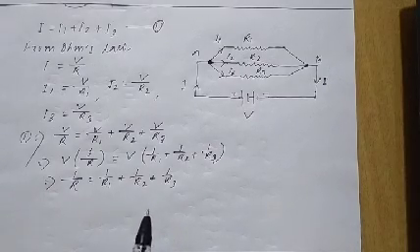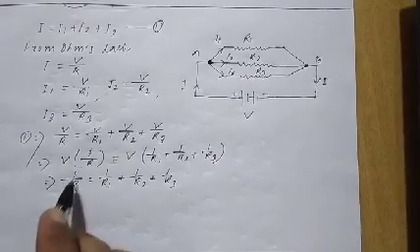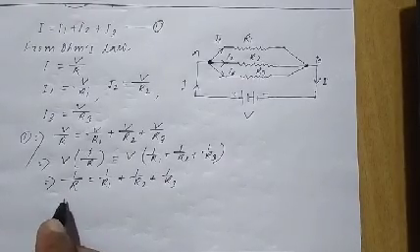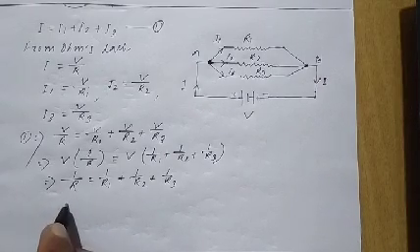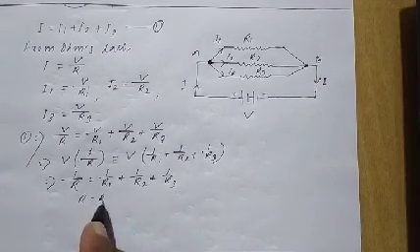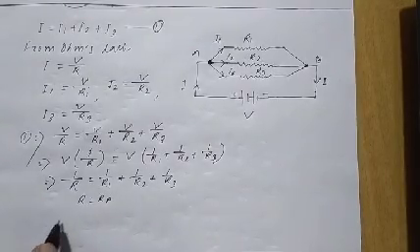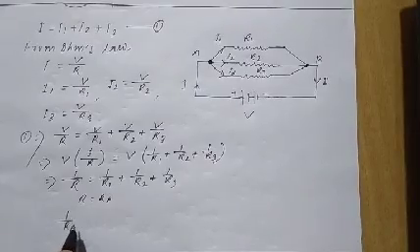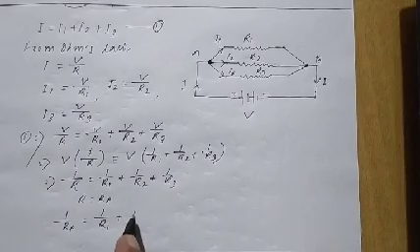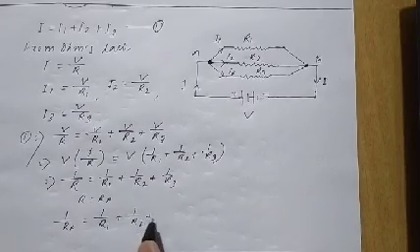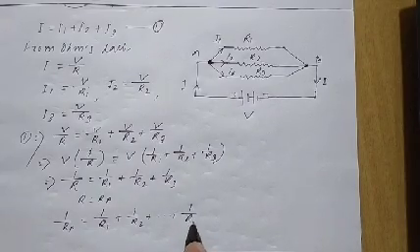If the equivalent resistance of the combination is Rp, then 1 by Rp equal to 1 by R1 plus 1 by R2 plus and so on up to 1 by Rn.